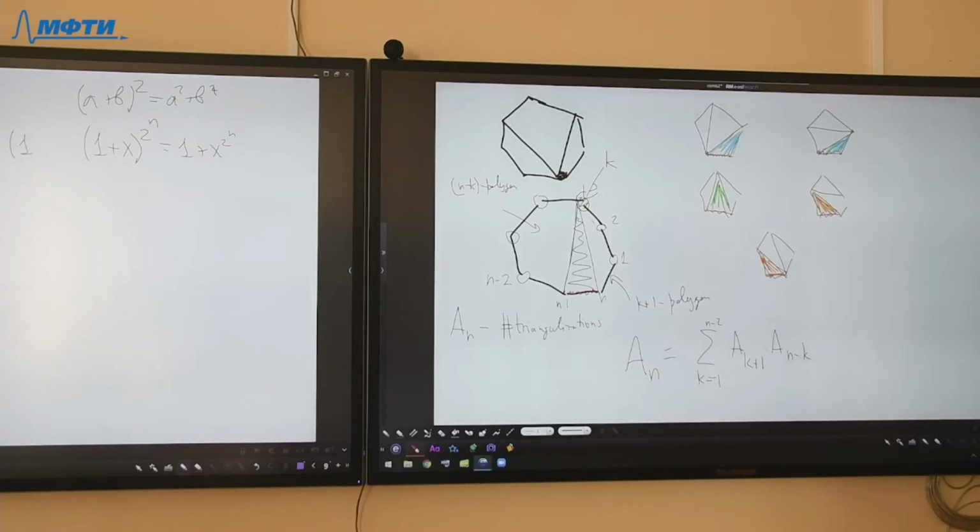So for example, if I take a_5, I will have a_2 times a_3 plus a_3 times a_2 plus a_4 times a_1.